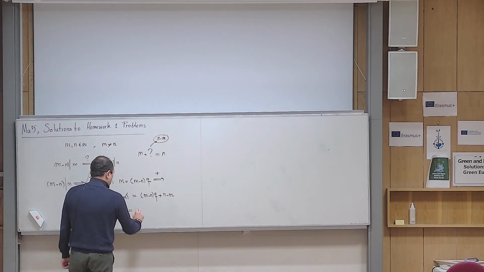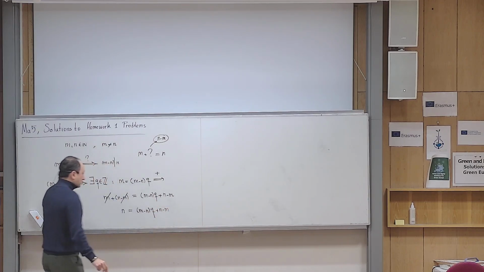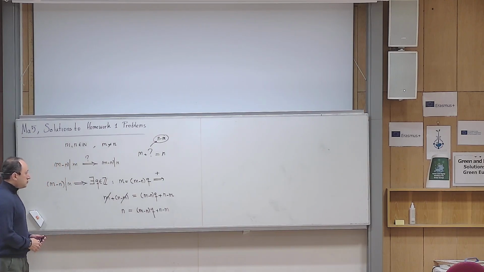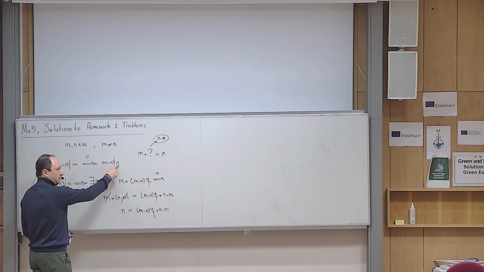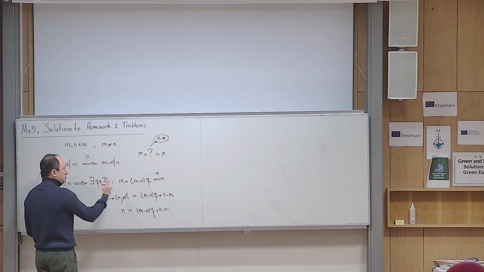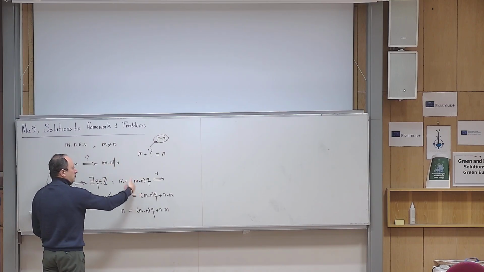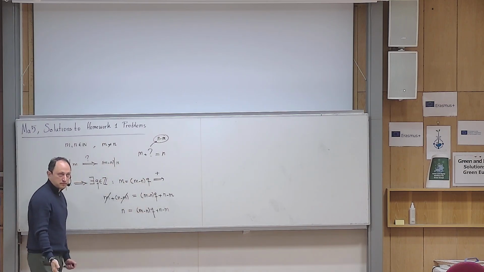Okay, but then let me write, because let me copy and paste everything on the left. Okay, is it useful now? Because my goal was to have n on the left, I have it. What I want more, I want to have m minus n on the right multiplied by an integer. Yes?